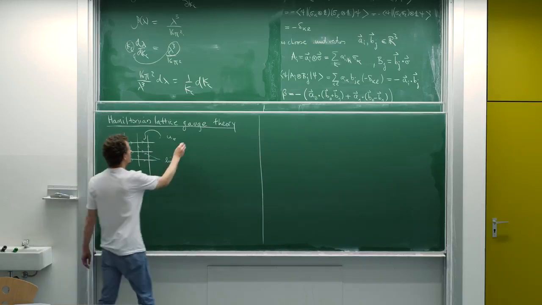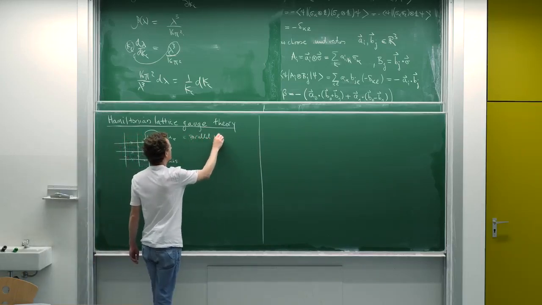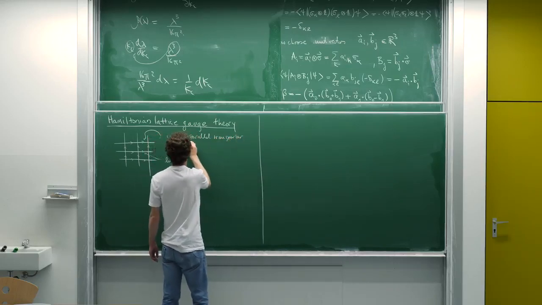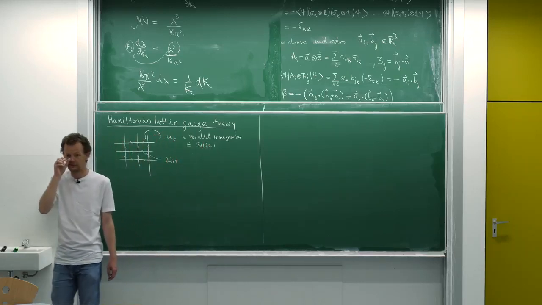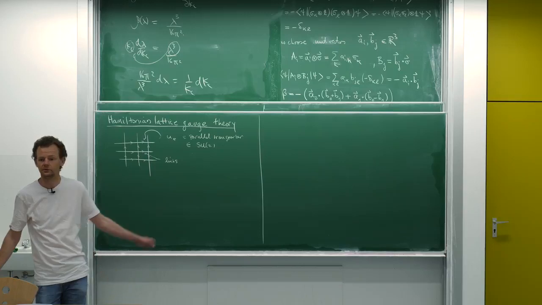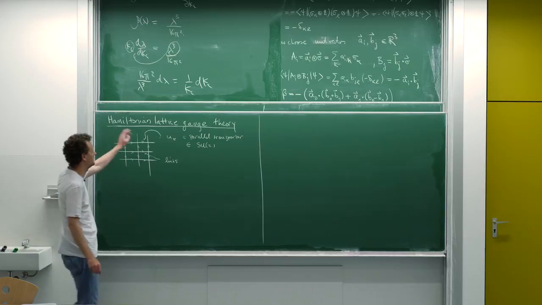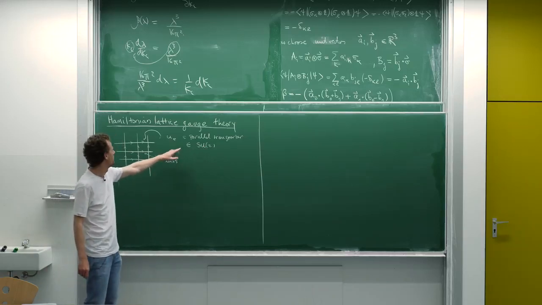And what's U? U is a parallel transporter. For all the discussions we're going to have in this course, we're going to focus on the gauge group SU2, not on SUN, but there's no difficulty in generalizing everything I say to SU3, 10, 1,000, whatever SU you like, or indeed whatever Lie group you like.